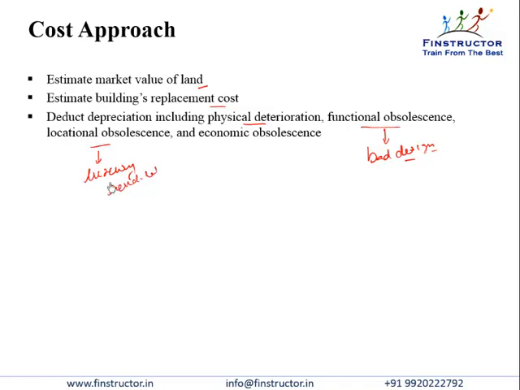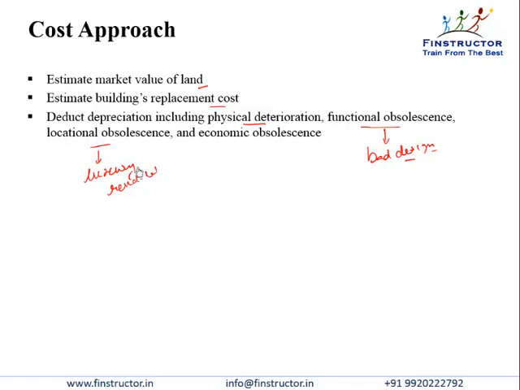Hence, if you have a luxury residential building in the area, then the value of that building will be lower than the market value of land plus replacement cost that you have calculated. So land value is very high today. It is high not for residential properties though. It is high because there is big commercial activity happening.